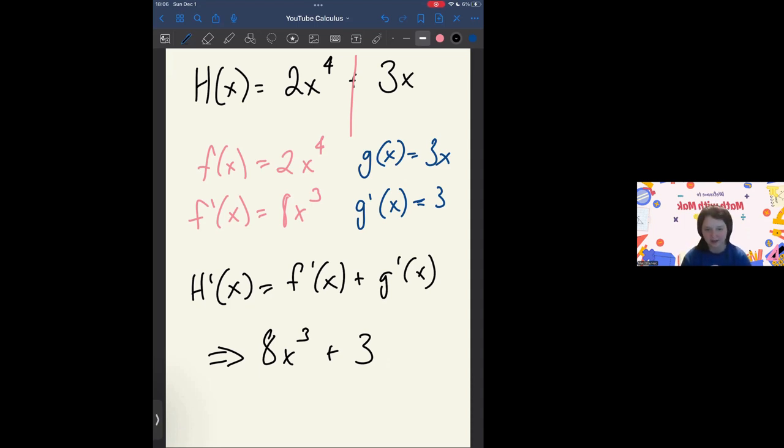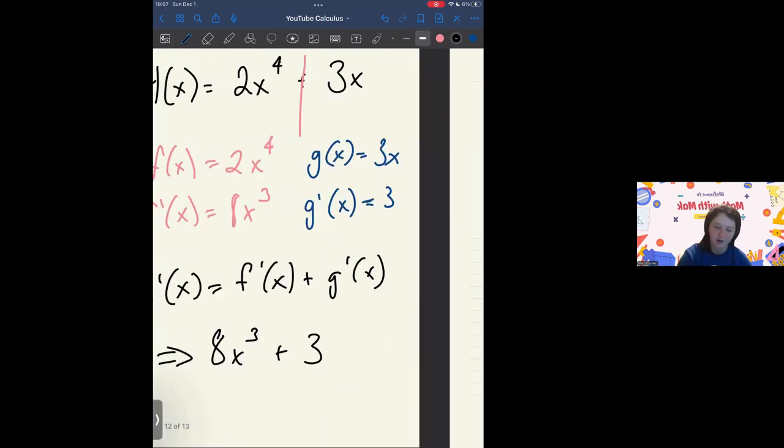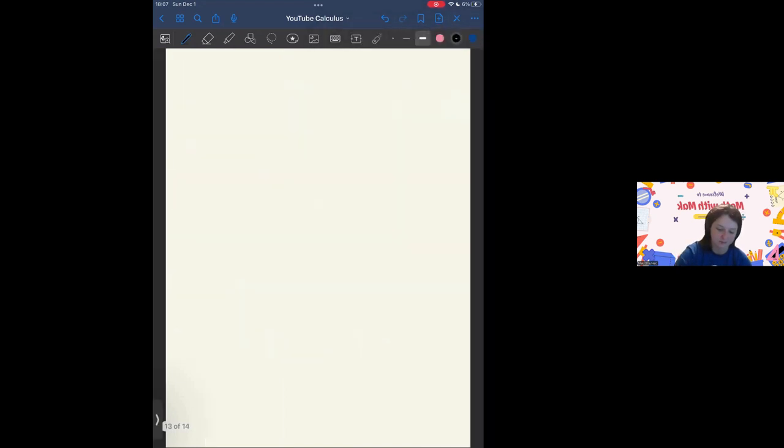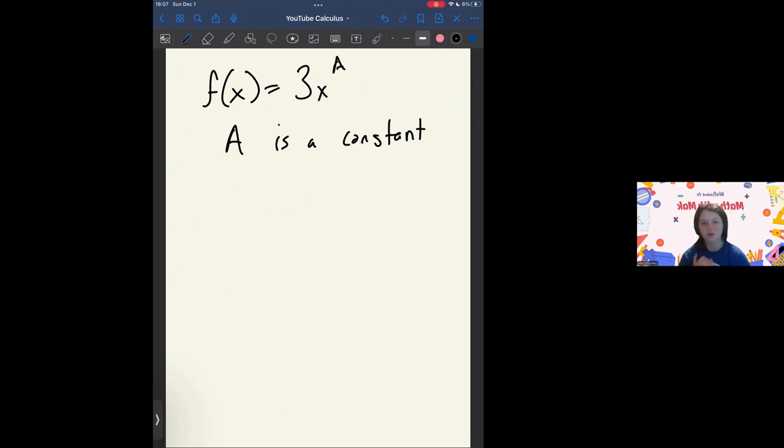So now, something you may be asking yourself is, why do I keep writing f of x? Why am I not just writing f and g? And here's why. Let's say I give you f of x equals 3x to the a, but I tell you up front that a is a constant. Well, that means I don't want to take the derivative of a, because a could be any number.